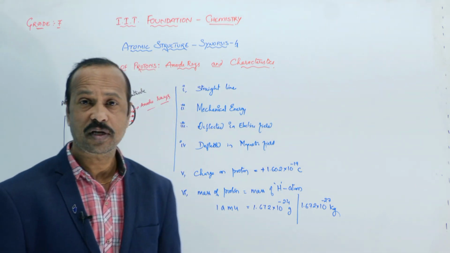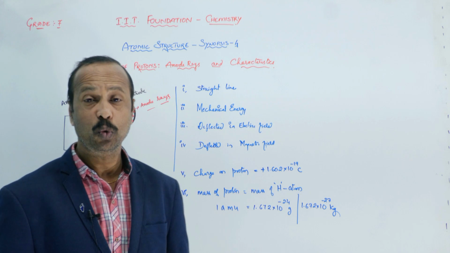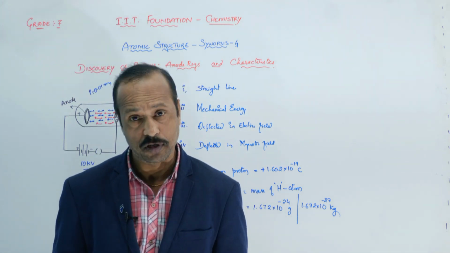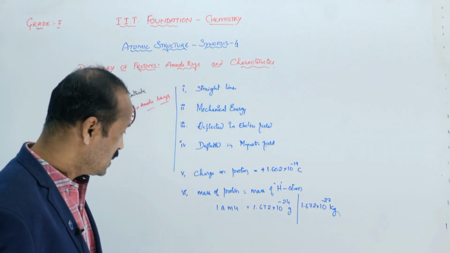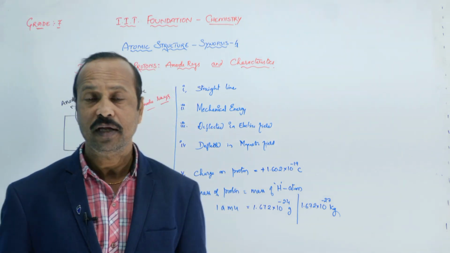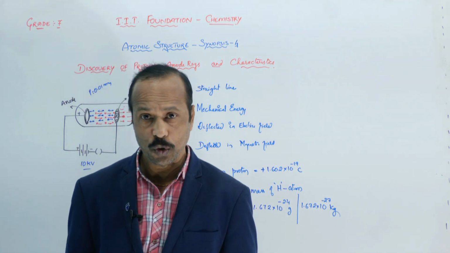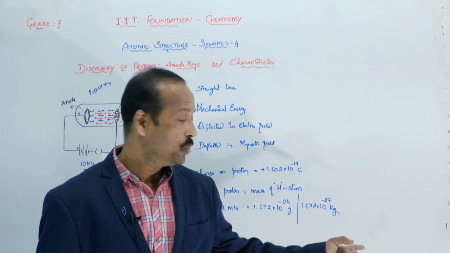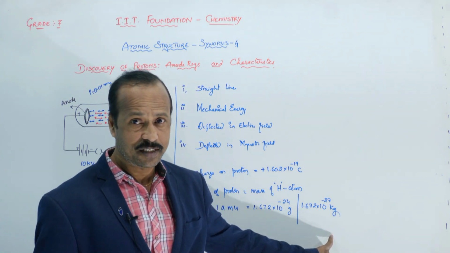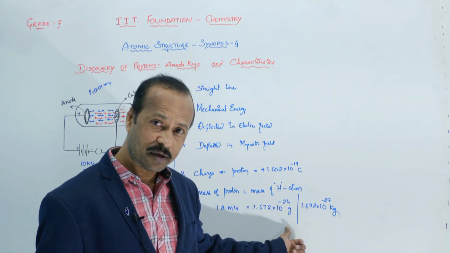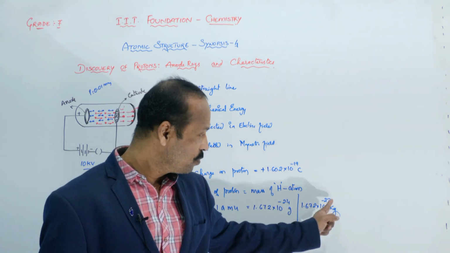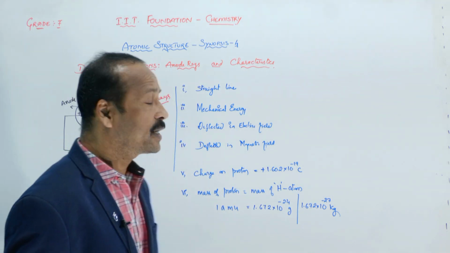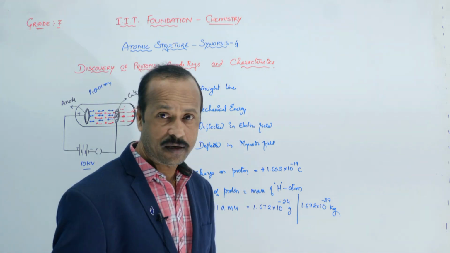The charge on the proton is positive 1.602 into 10 to the power of minus 19 coulombs, and the mass of the proton is approximately the mass of a hydrogen atom, equal to 1 AMU. 1 AMU means a proton mass is 1.672 into 10 to the power of minus 24 grams, or 1.672 into 10 to the power of minus 27 kg, because 1 kg is equal to 1000 grams. So that's all about the characteristics of the anode rays.